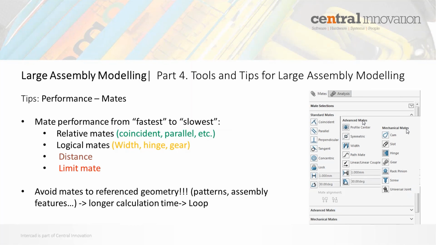Distance mates take longer again, and limit mates are probably the most intensive to solve in terms of performance. Limit mates can be useful, but they can also bog down your performance in large assembly models. So it might be better to replace that with something else if possible.